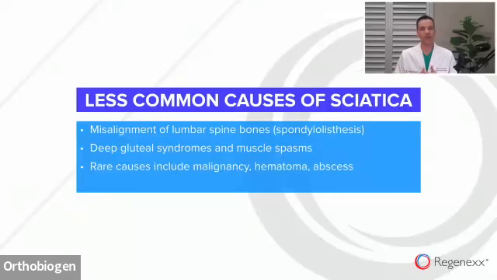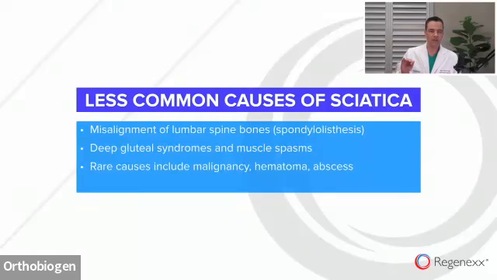So even your primary care doctor may not quite keep these straight, but I'm going to take the mystery out of it in a minute and show you what spondylolisthesis is, the misalignment of these lumbar spine bones, how it relates to sciatica, and why it would cause a problem.